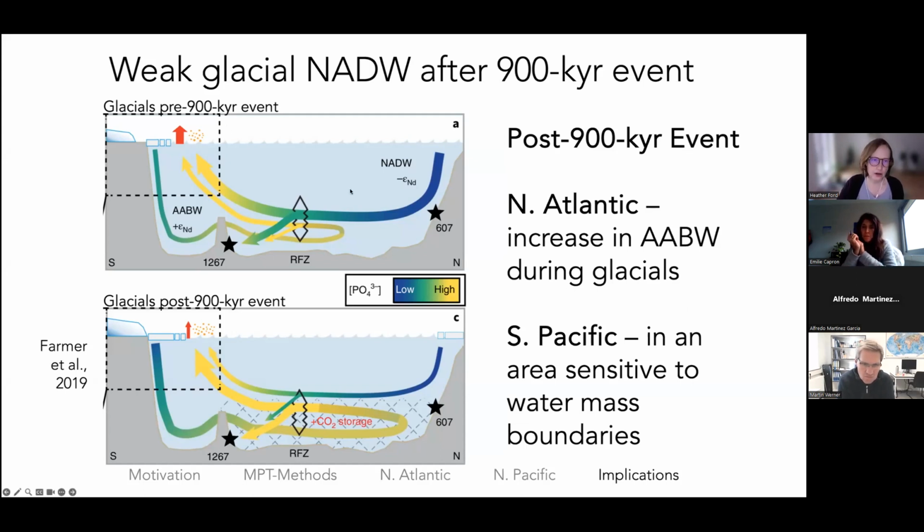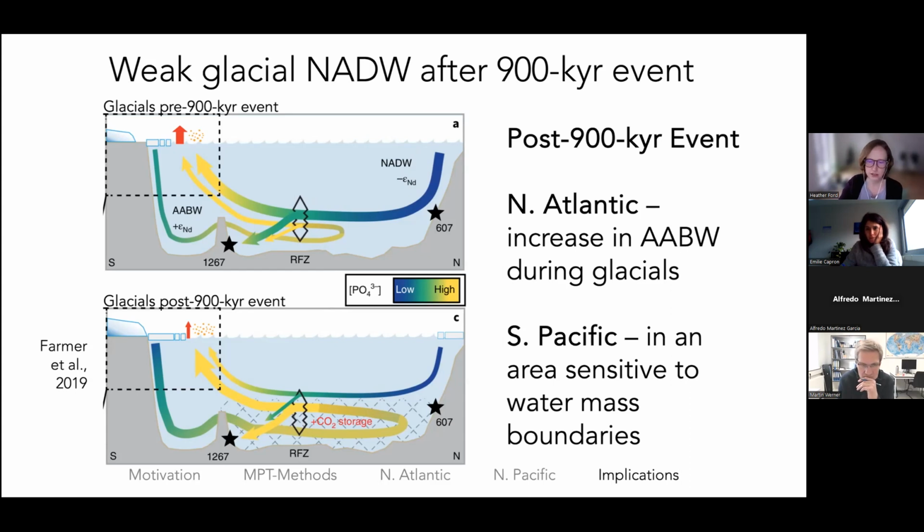So prior to the 900 kiloyear event, or marine isotope stage 22, the neodymium records that we have, at least the way that they're being interpreted right now, suggest you had a very strong North Atlantic deep water during glacials. And then after the 900 kiloyear event, we start to get into a situation that looks more like the glacials that we have today.